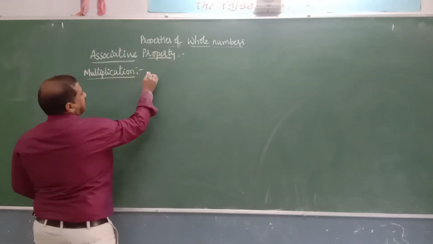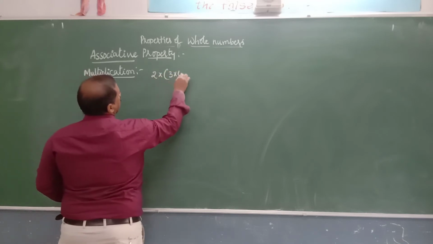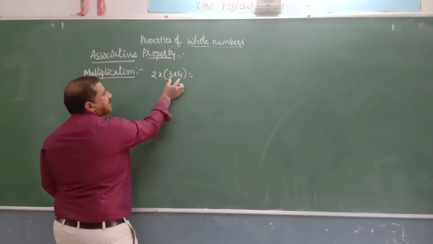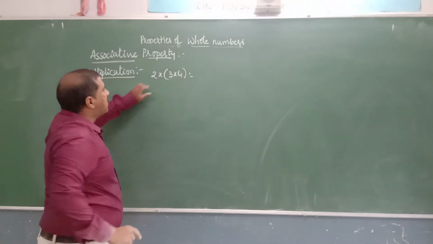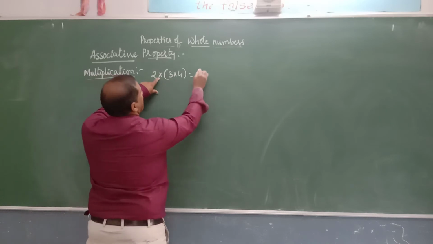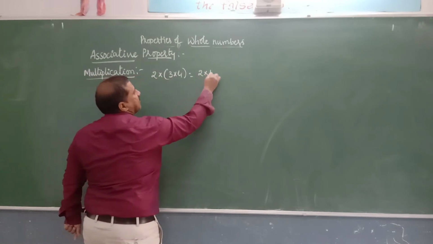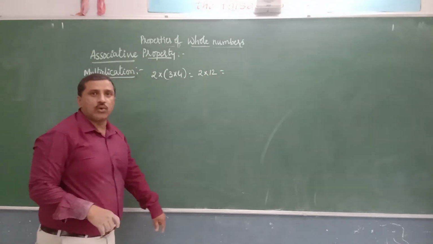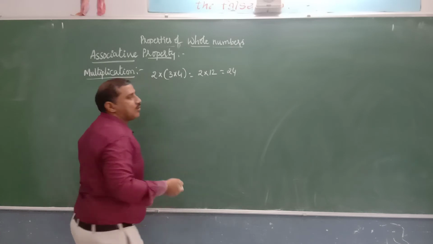Let three numbers 2 into (3 into 4). First simplify inside the bracket by using the BODMAS rule. 3 into 4, 3 fours are 12. That is 2 into 12, 12 twos are 24.